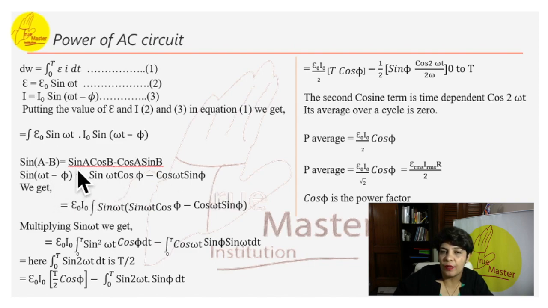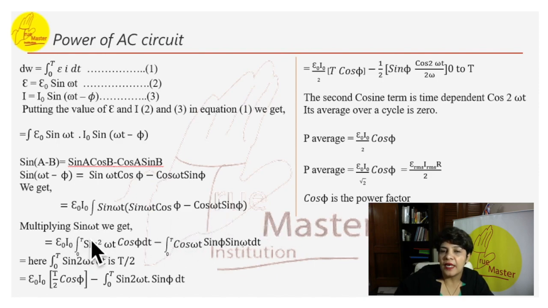Substituting in this formula, sine omega t, then cos B, so this is the B. So cos pi minus, similarly, cos omega t sine pi. Putting this value in here and taking out E naught I naught as common outside, we can write sine omega t into sine omega t cos phi minus cos omega t sine phi.